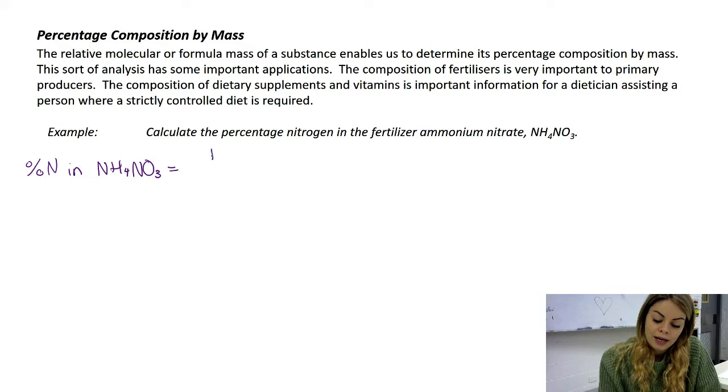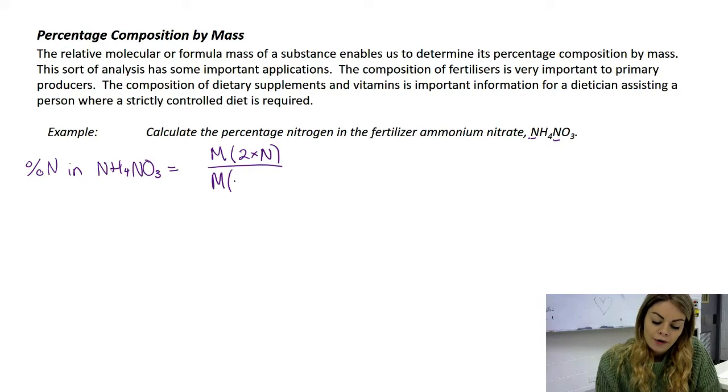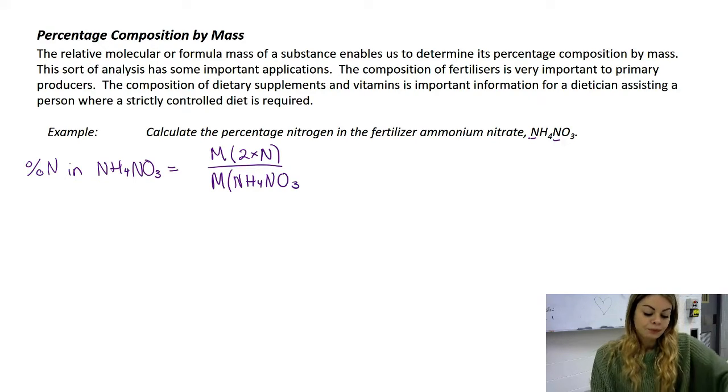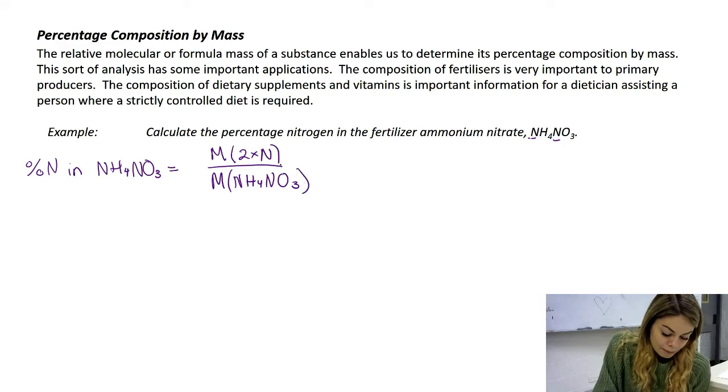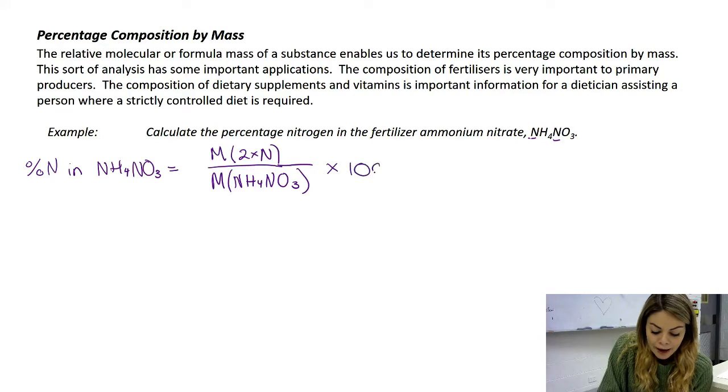It's going to be the molecular mass of nitrogen, and there are 2 of them in ammonium nitrate, so 2 lots of nitrogen divided by the formula mass, I suppose it is, of NH4NO3. And because we want it as a percentage, not a decimal, we're going to need to times that by 100. Okay, so let's suss out what the values are.